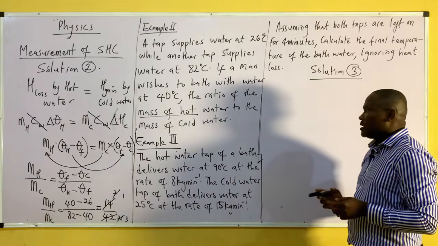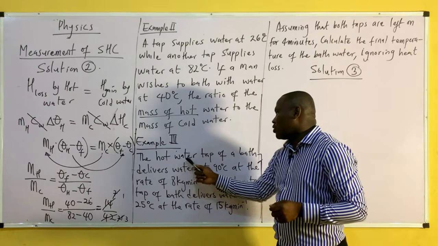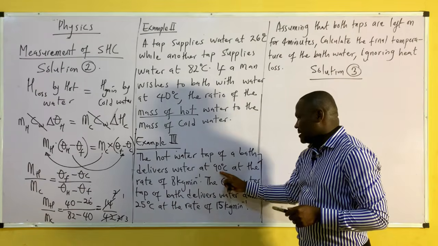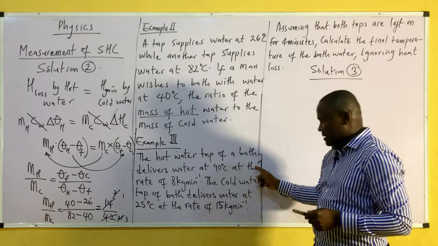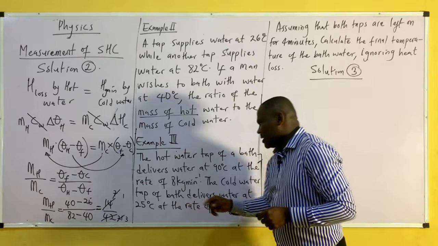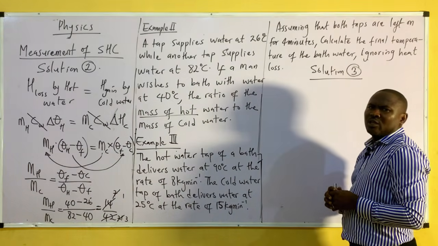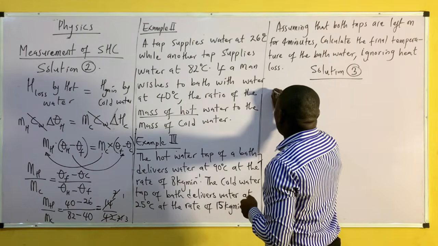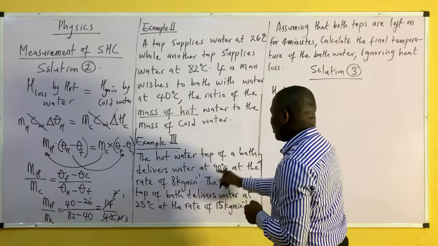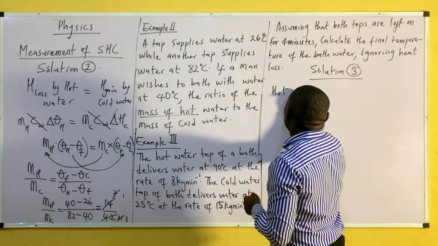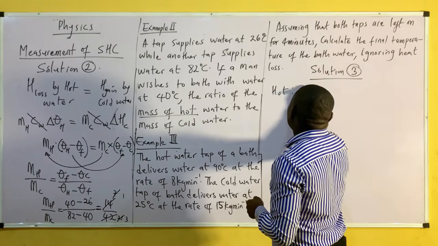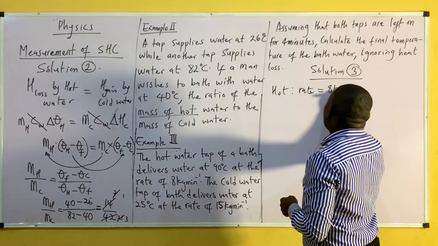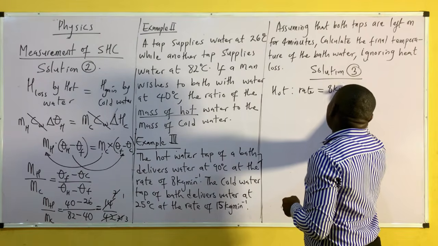Now let's look at solution 3. It says the hot water tap of a bath delivers water at 90 degrees Celsius at the rate of 8 kilogram per minute. I want you to take note of this. For the hot, we have rate equals 8 kilogram per minute.